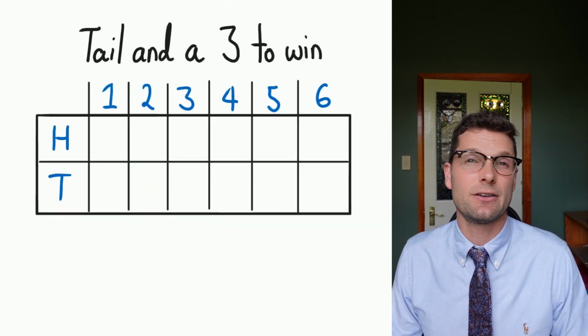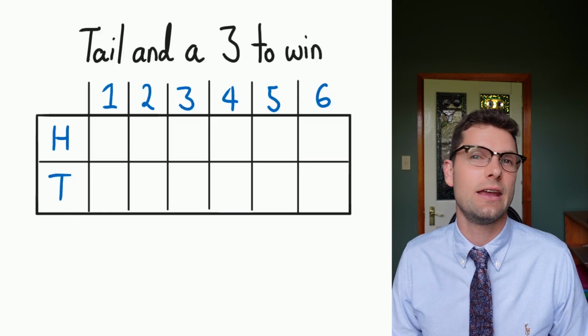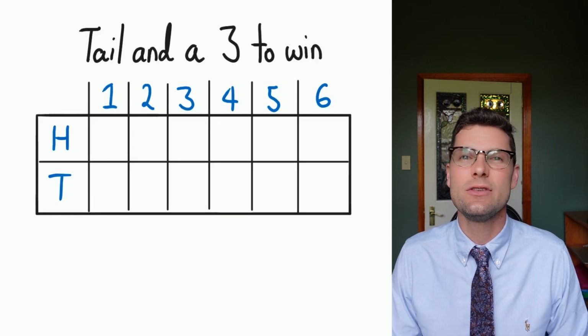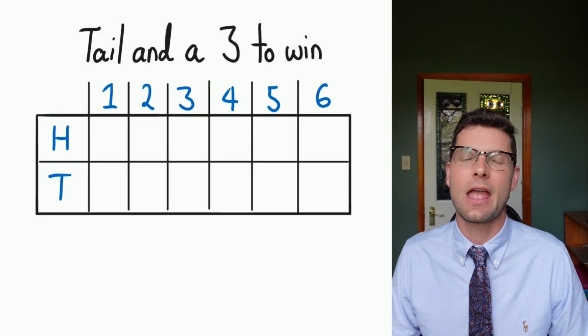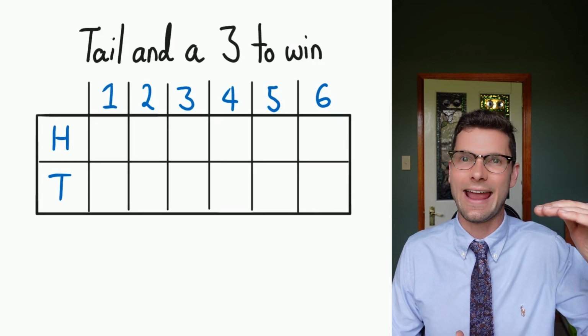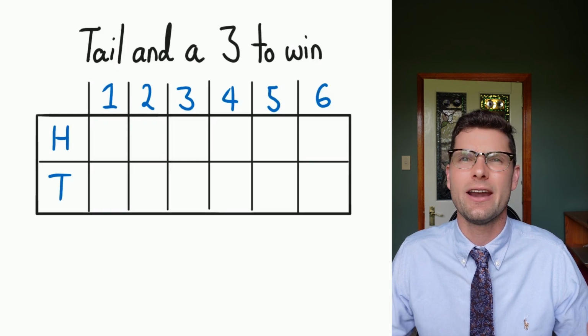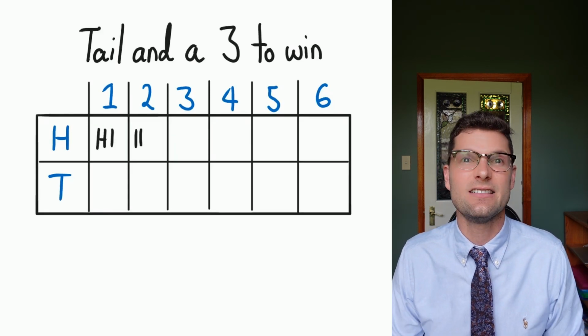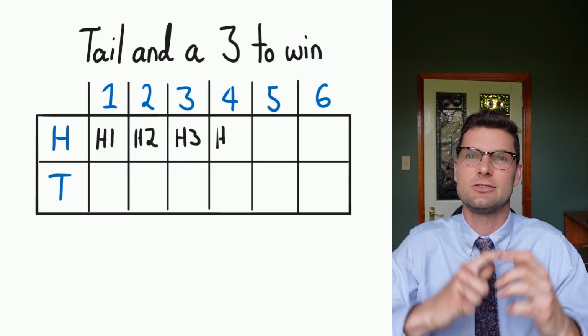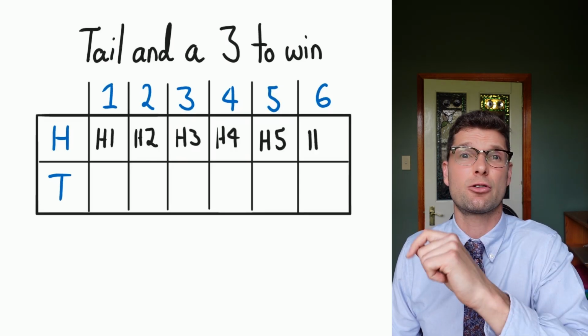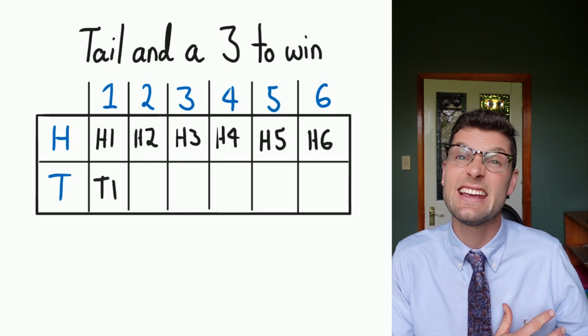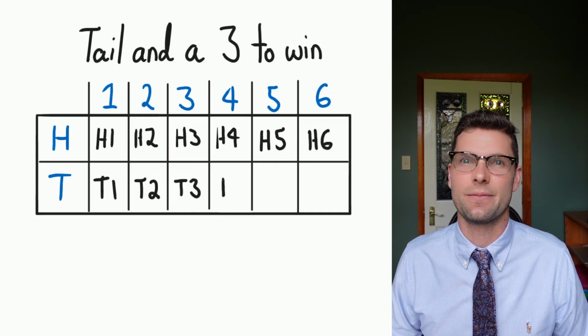Now in another game, I have to flip a tail and roll a 3 in order to win. So I can do this in a table or an array. Because my options for the coin are head or tail, and then I've got 6 options for the die, I can write it out like this and just fill it in, connecting 2 things. So all you have to do is go across and write all of these things in, exactly as I'm doing here.